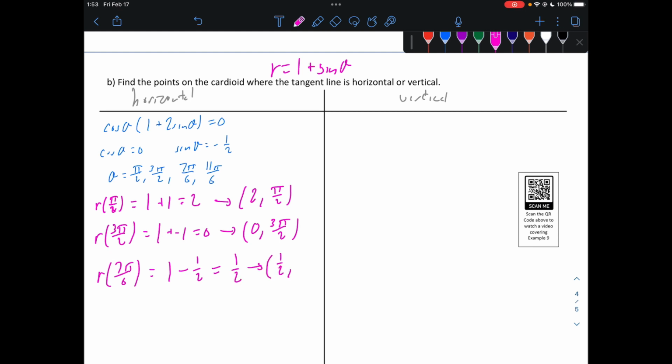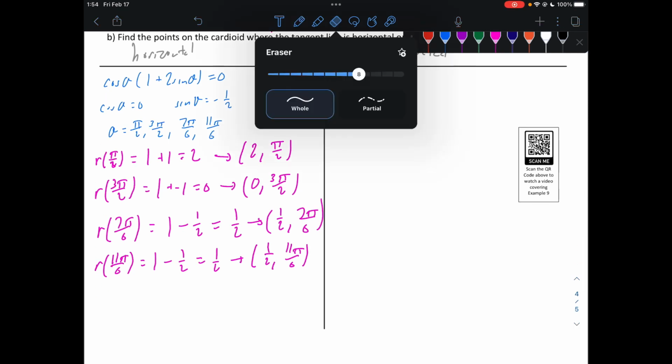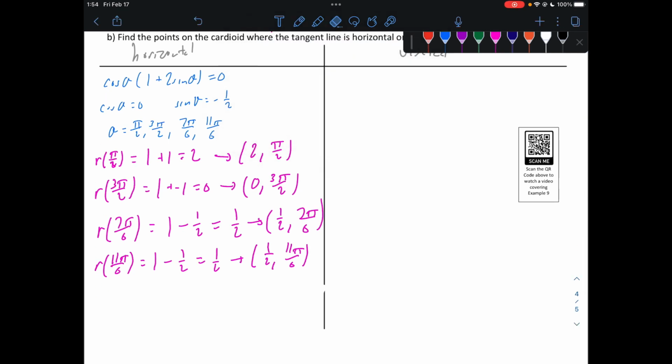So 1/2 comma 7 pi over 6. And r of 11 pi over 6 would be 1 plus negative 1/2 as well. So then we have 1/2 comma 11 pi over 6. So those are the 4 possible points for horizontal tangents. I say possible because we still have to check for vertical as well.